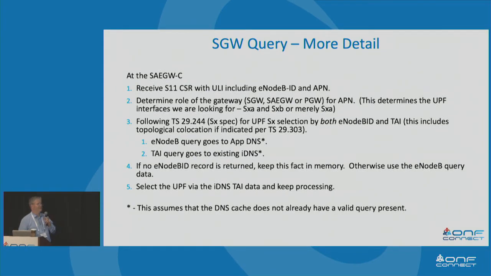That's actually how you understand that. And then following the specification, particularly the CUPS specification, we provide the 2 queries, both the enode-B and the TIE query, and then based upon the response, we will then return the processing. Now, we did make one design decision, and that's by configuration.